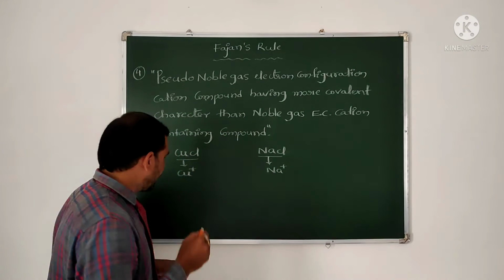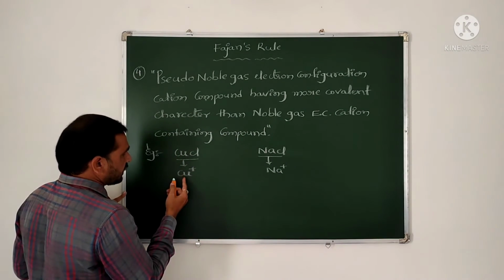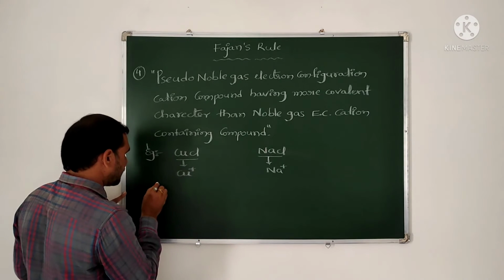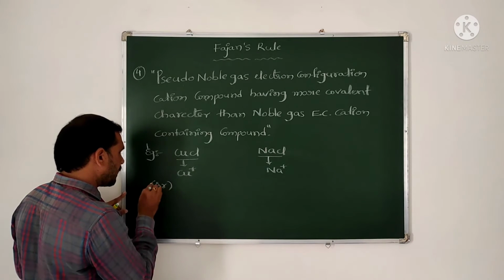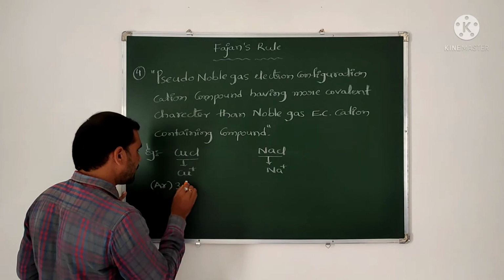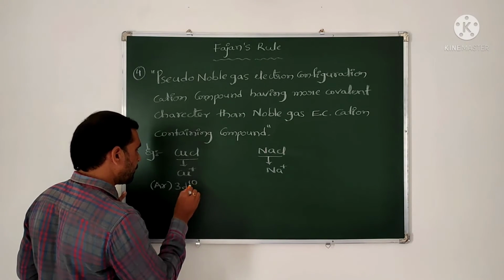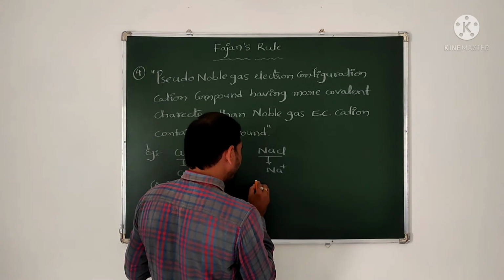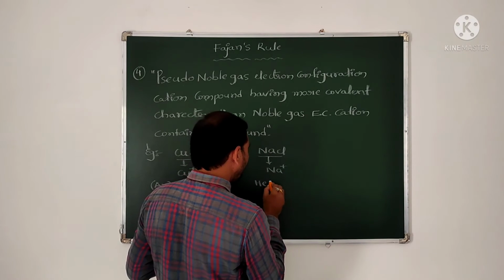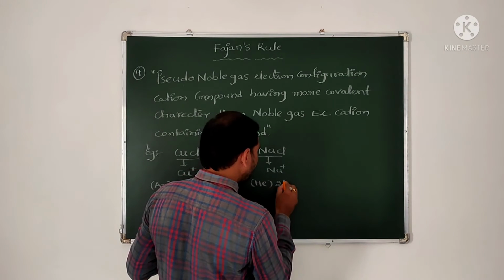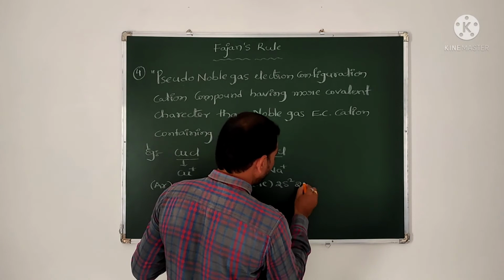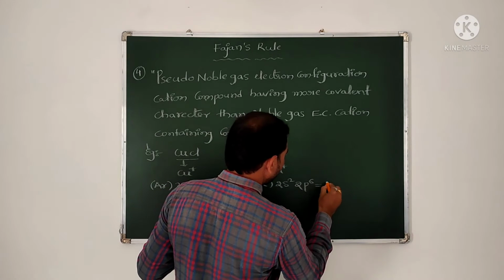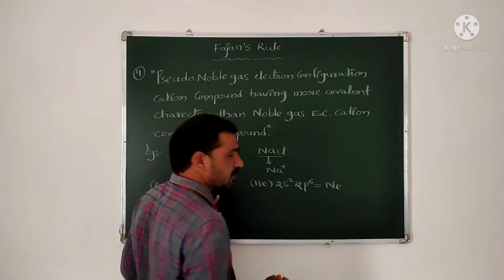Then the electronic configuration of Cu plus is argon 3d10. Na plus electronic configuration is helium 2s2 2p6, which is equal to neon electronic configuration.